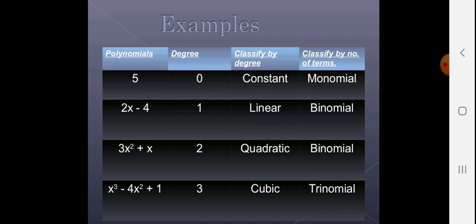Third example, 3x square plus x, degree is 2, it's quadratic polynomial based on the degree and binomial on the basis of terms. x cube minus 4x square plus 1, so degree of the polynomial is 3, cubic polynomial and trinomial polynomial based on the terms.